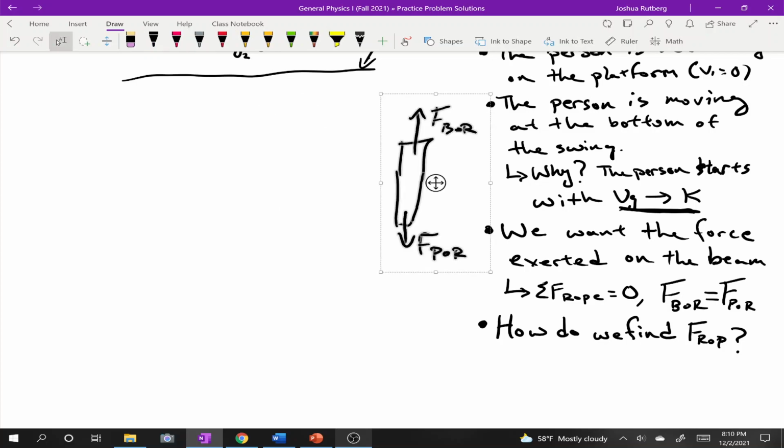Let's get that all the way over there. Well, the person is moving in a circle.